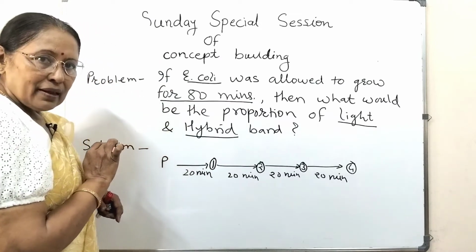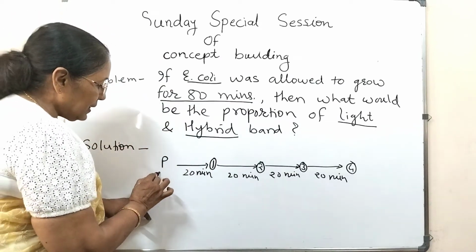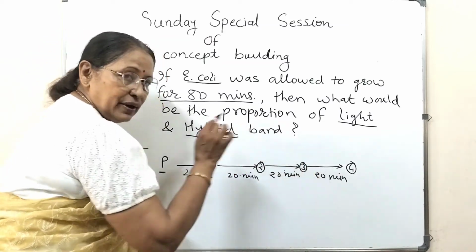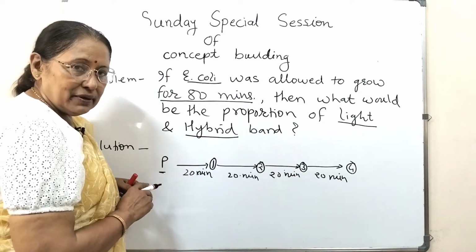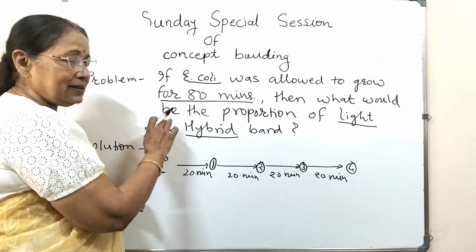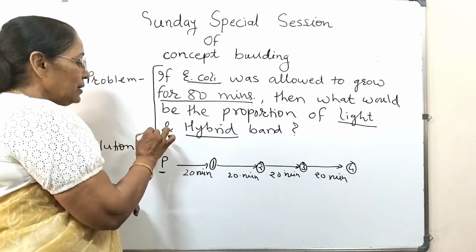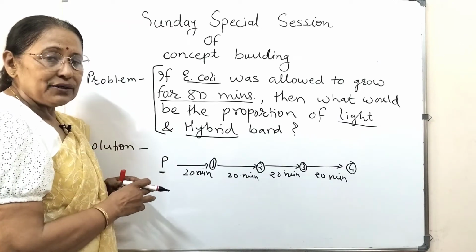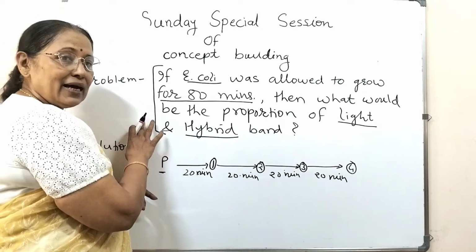Fine. So this is the parent, and then 20, 20, 20 and 20. That is 80 minutes. This question is in NCERT and it is very brilliantly framed to avoid many kinds of doubts. Whoever has framed it has done it very nicely.